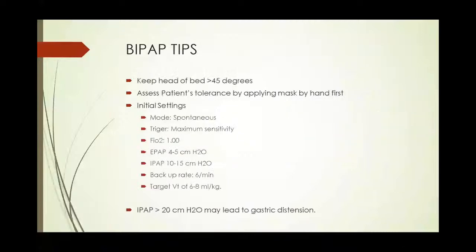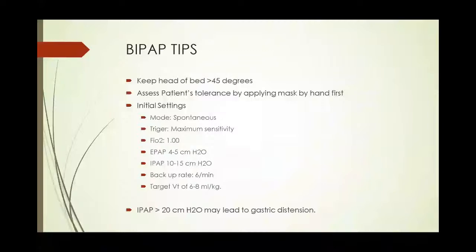So we're going to talk about a few tips about BiPAP. Make sure to keep the head above 45 degrees. You want to assess the patient's tolerance by applying the mask first with your hands before you strap it to their head. For initial settings, put them on a spontaneous mode.